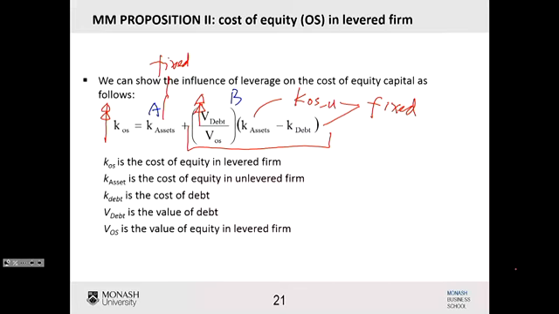So the cost of equity is higher, and it's coming from there. If you borrow more, the cost of equity has to be higher. That's why financing the project with the cost of capital would usually be much higher than the cost of debt, because you have more debt in the company.